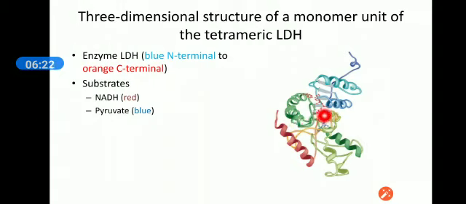So the whole enzyme scaffolds its position to make an active site for the substrate in the lock and key model.